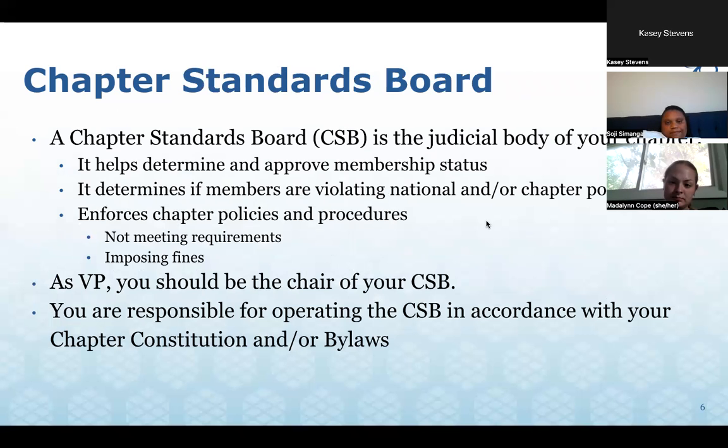So next, we're just going to talk about your chapter standards board. This is really probably going to be the main focus of your role as a chapter VP. Chapter standards boards are what we like to think of as the judicial body of your chapter. CSBs help determine and approve membership status.